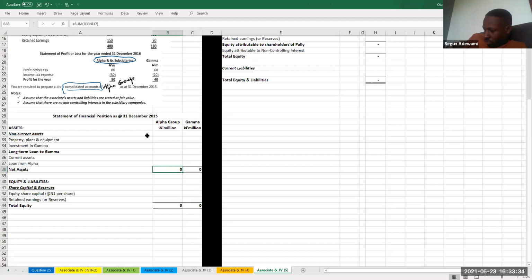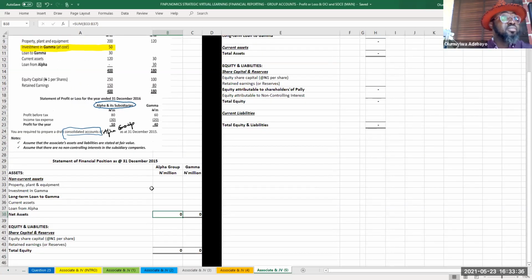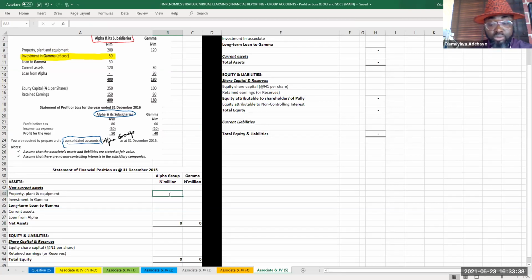Okay. Now I bring those figures in. 200, 50, 30, 120, and here 120. This is 60, not 30, and this minus 30. Take note of that. This is not 30, this is 60.